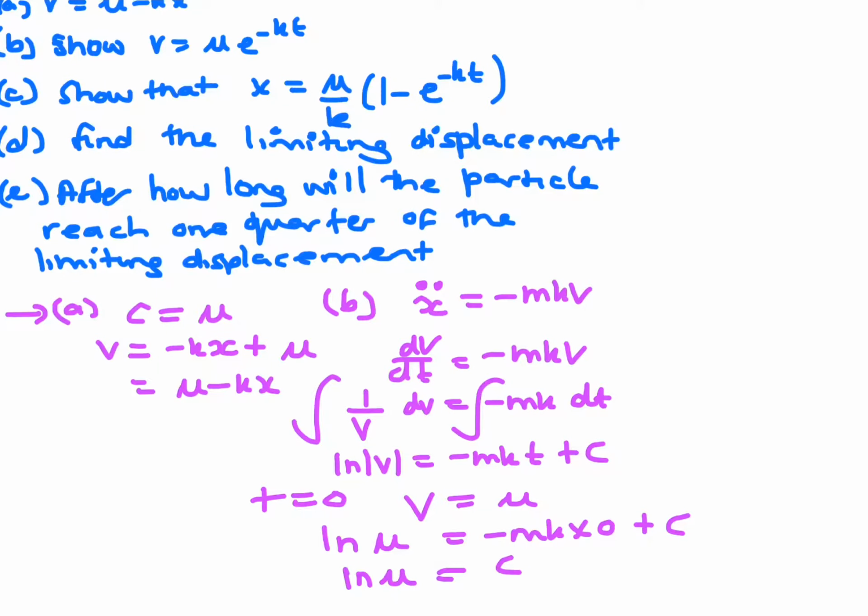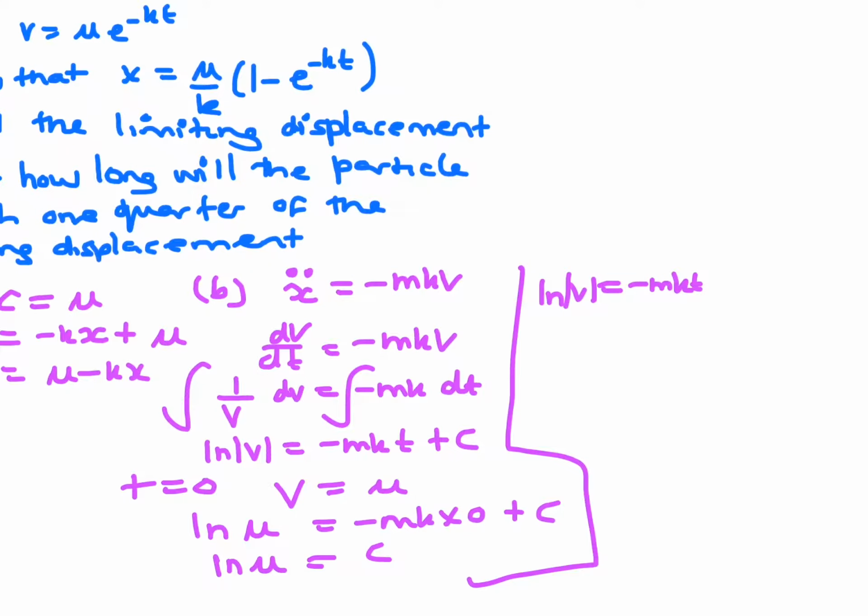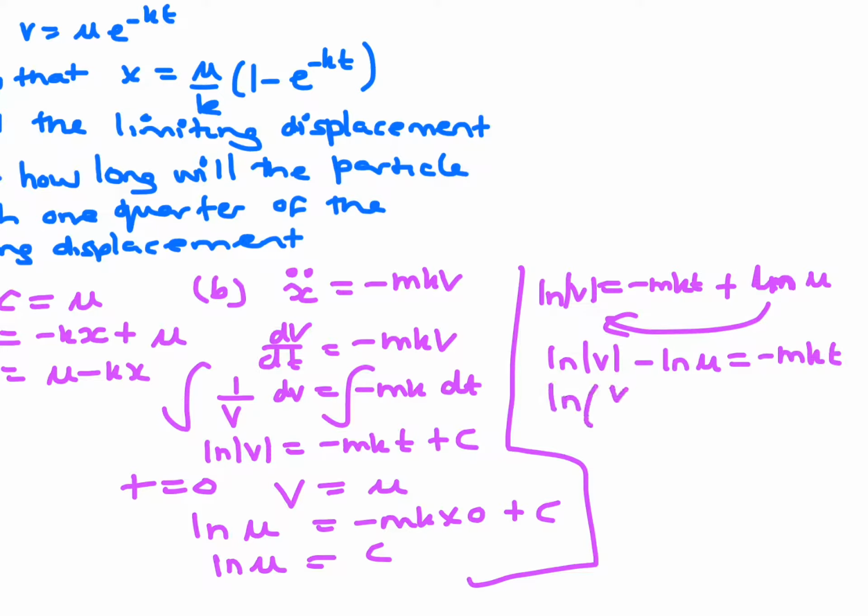And then from that, we can put it back into our formula. So ln v equals minus kt and then plus c, so it's plus ln u. If we put the lns to one side, so you've got ln v minus ln u equals minus kt. That way we can group the logs together.